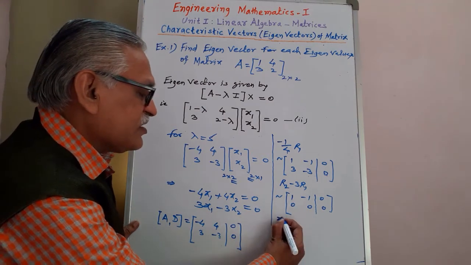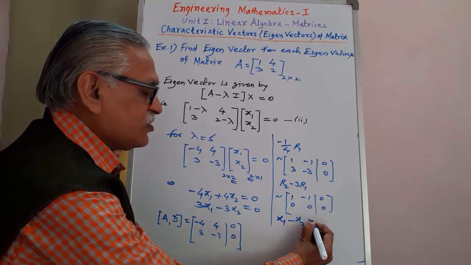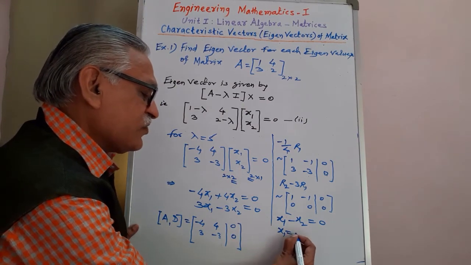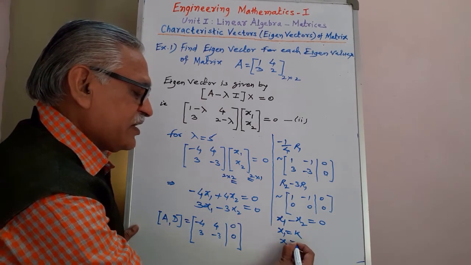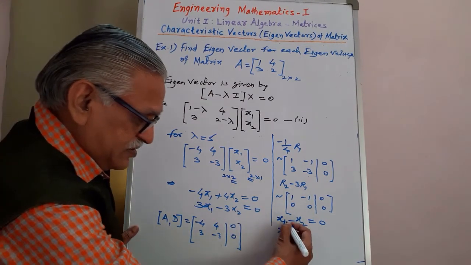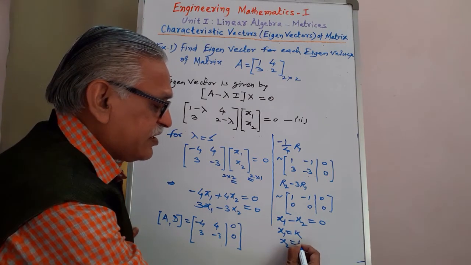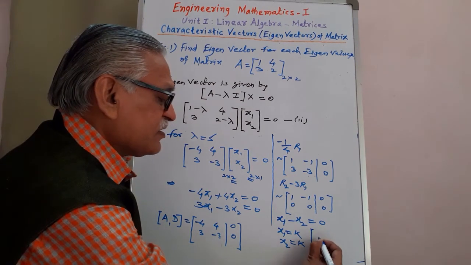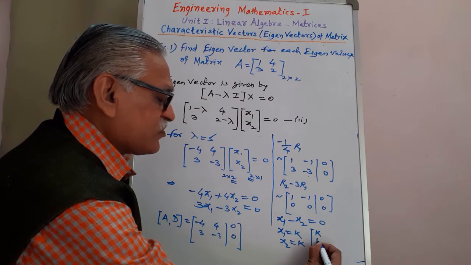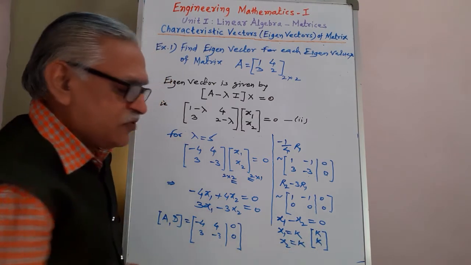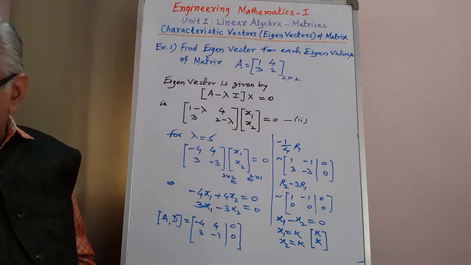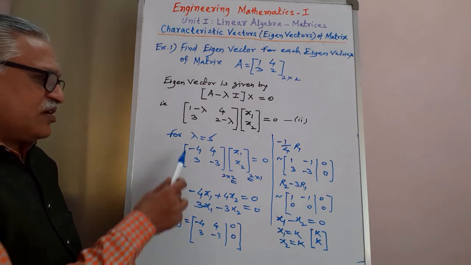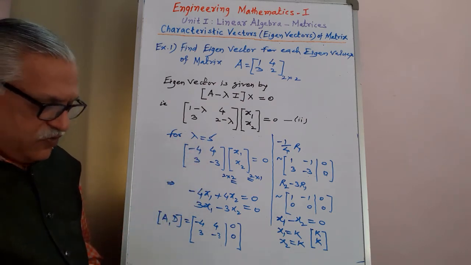That new system of equations is x1 minus x2 is equal to 0. Consider any one of them as k. Let x1 as k. We get x2 as x1, and x1 is k, and therefore x2 is equal to k, and therefore the corresponding eigenvector is x1 is k, x2 is also k. Therefore this is the corresponding eigenvector for eigenvalue lambda equal to 5.